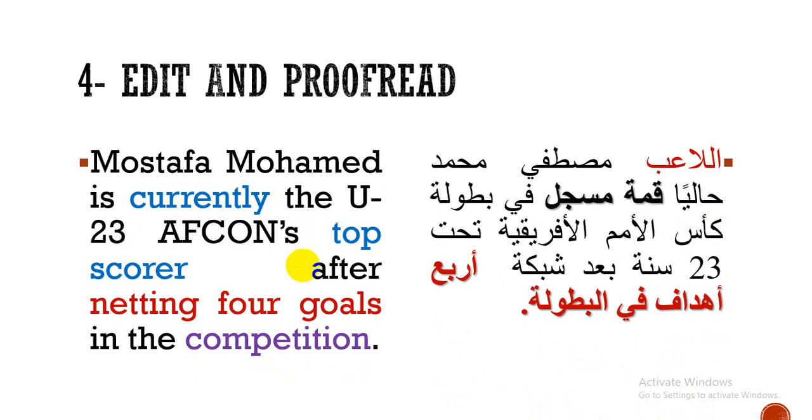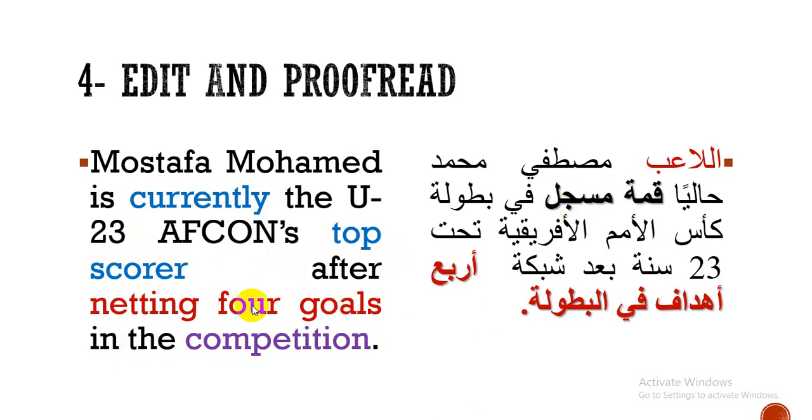For example, here اللاعب مصطفى محمد حاليا, if we translate this text here, Mustafa Mohammed is currently the U23 AFCON's top scorer after netting 4 goals in the competition.